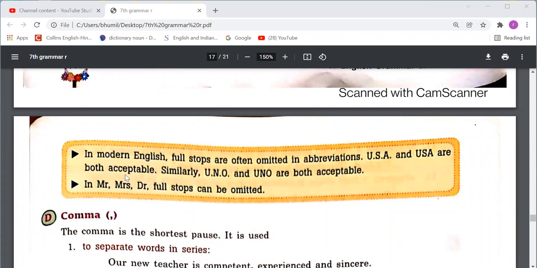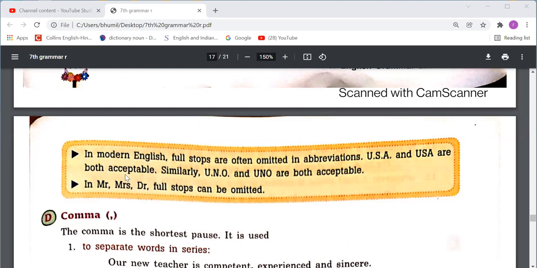In modern English, full stops are often omitted. In abbreviations, USA with and without full stops are both acceptable. Similarly, U.N.O. with full stops and UNO are both acceptable. So in this point, it has been told to us that in modern English, we can use full stops, and without full stops also we can use the abbreviation or initials, right?